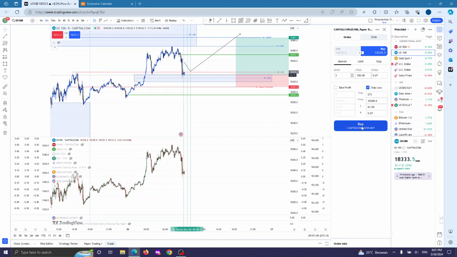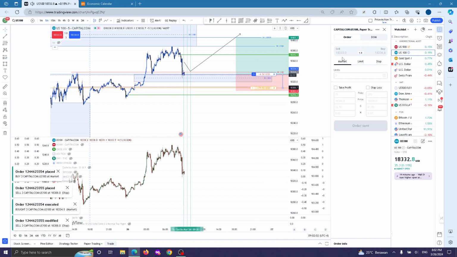I'm playing on turtle soup. I'll take it. Market buy.